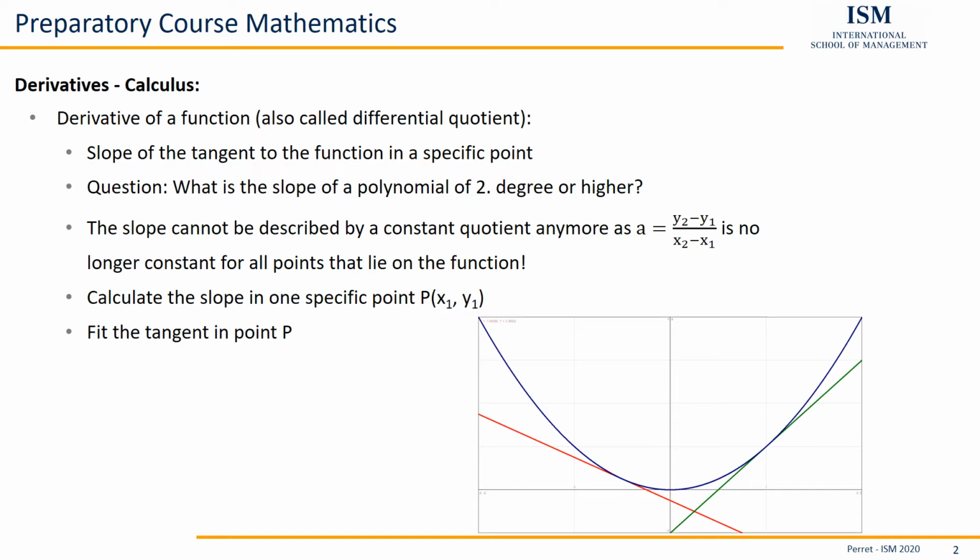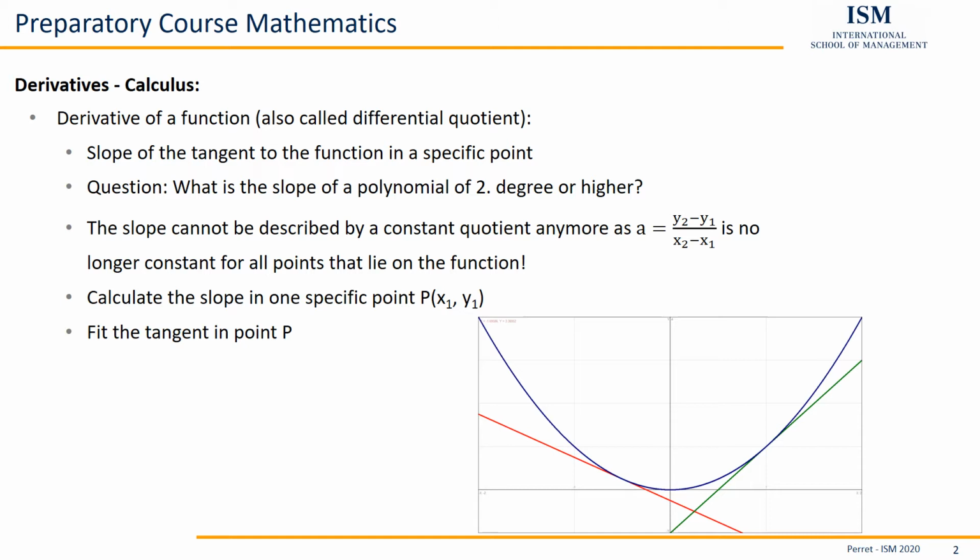And if we get close enough, then we almost have 0 distance in the numerator and 0 distance in the denominator. And if we are this close, then we no longer have differences, but we have differentials. And that's what then is called the differential quotient.